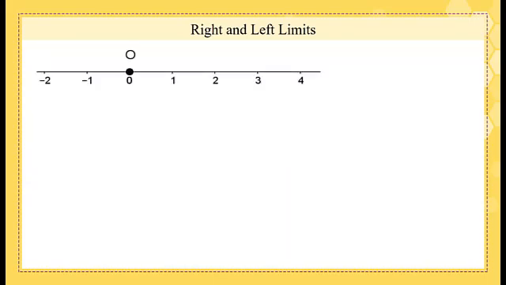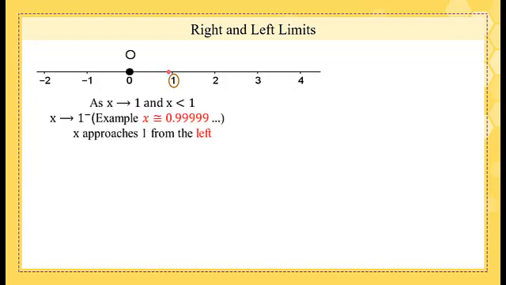Graphically, you can see this is 1 on the number line. This is the value which is very close to 1 from the left. As x tends to 1 and x is less than 1, we say x tends to 1 minus. Here x is approximately 0.9999, where x approaches 1 from the left.